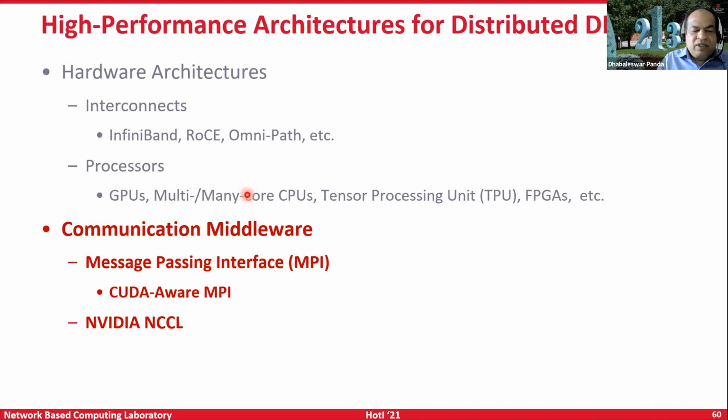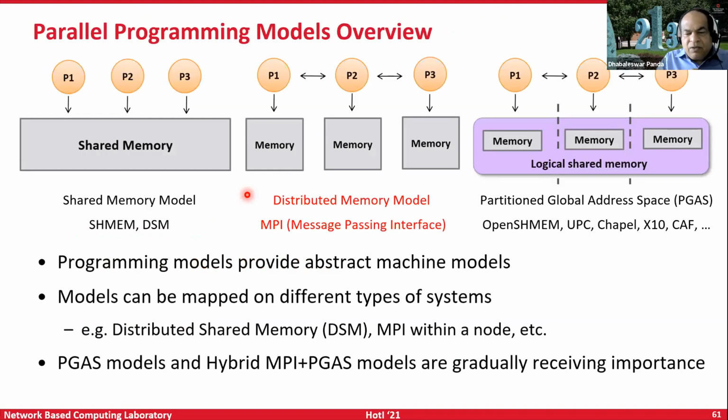First is, of course, MPI, the Message Passing Interface. Once I have a distributed system, how do the nodes communicate with each other? This is where the distributed memory model, MPI, has been in the community for the last 30 years. Within the node, you can do shared memory communication.